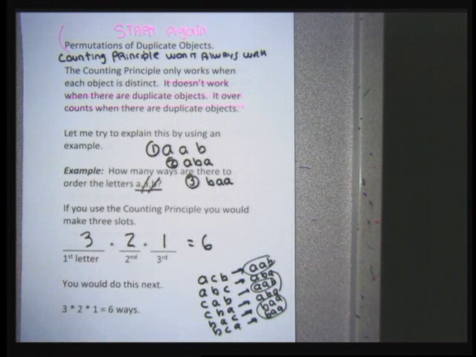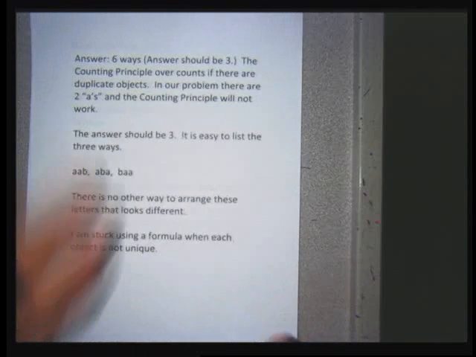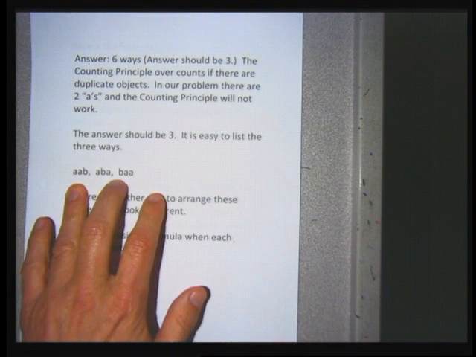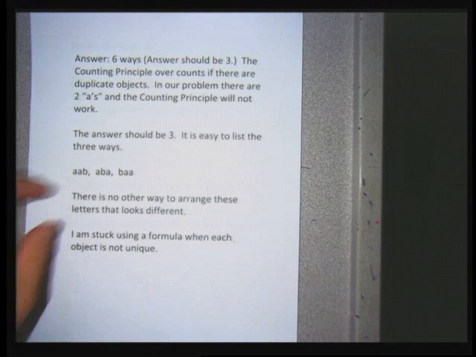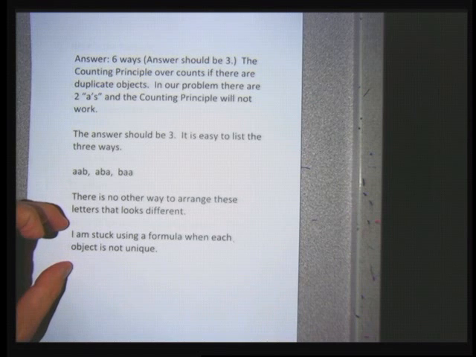The nicest way to figure out how many different orderings there are when there's duplication in the objects is using a formula. The formula looks rather impressive, but it's not really that impressive. And this whole sheet here says exactly what I just said. These are the only orderings of these 3 letters. Counting principle is overcounting, so there is no other way to arrange these. To figure out how many orderings there are, the formula is the best way.